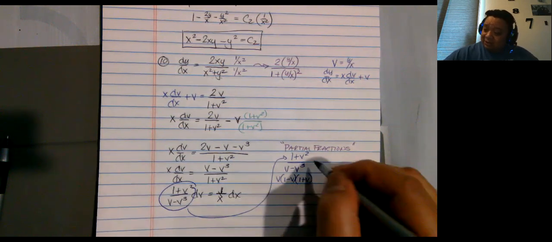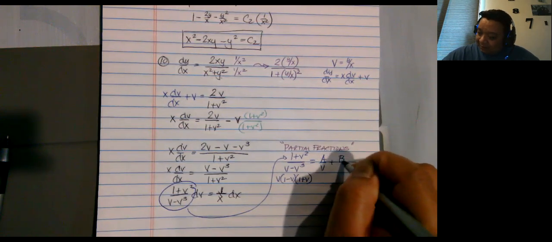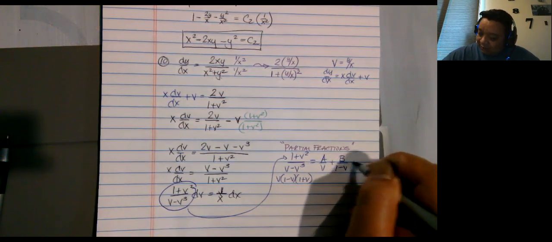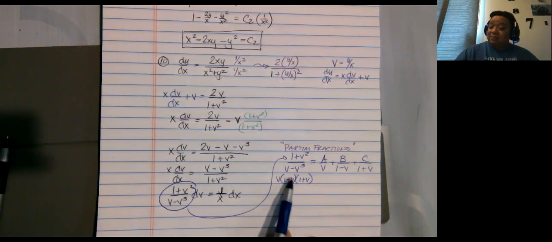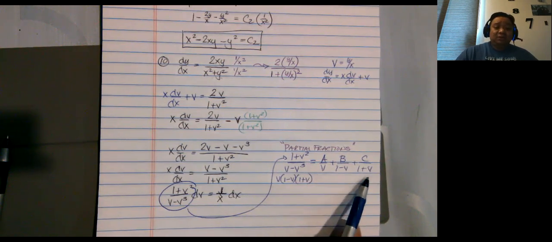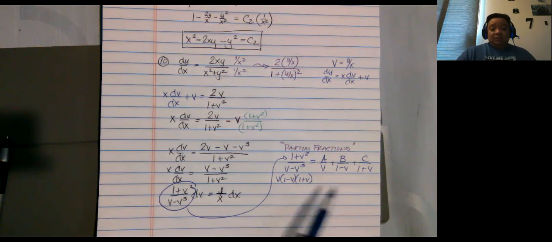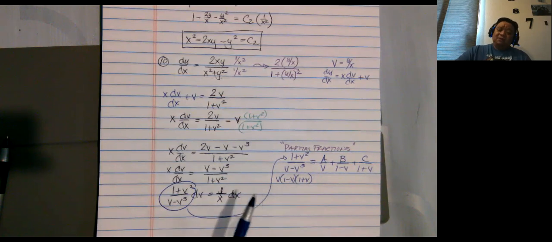So this expression is equal to a over v plus b over 1 minus v plus c over 1 plus v. And so you can split the left side into individual linear expressions, which would allow you to do natural log on each one. This is the method you have to use for this problem.